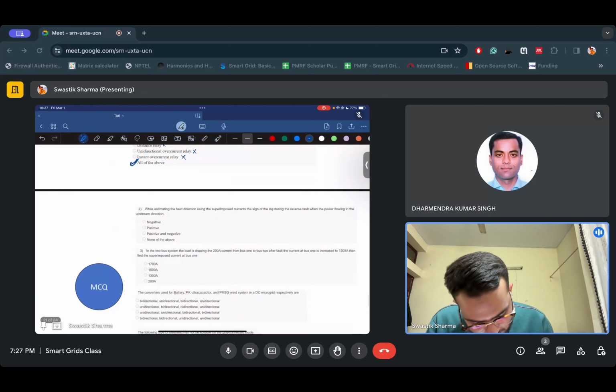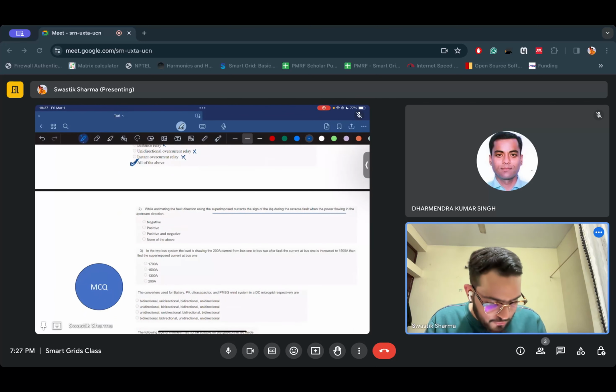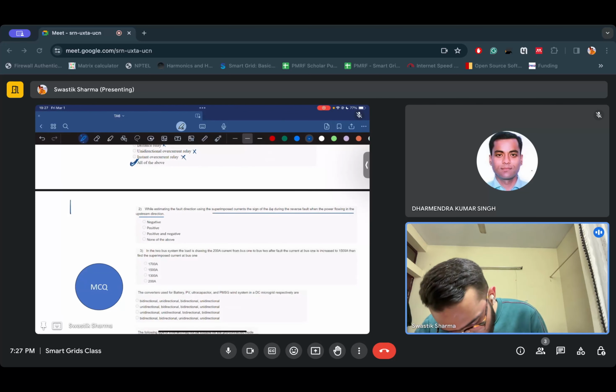Next question. While estimating the fault direction using the superimposed current, the sign of delta phi during the reverse fault when the power flowing in the upstream direction is. So again, if the power is okay, reverse fault. Always draw a diagram so that you are able to understand. This is grid.